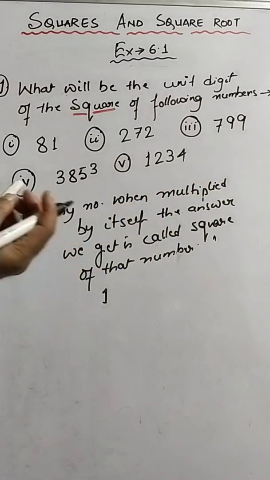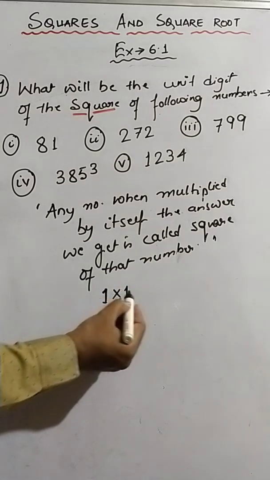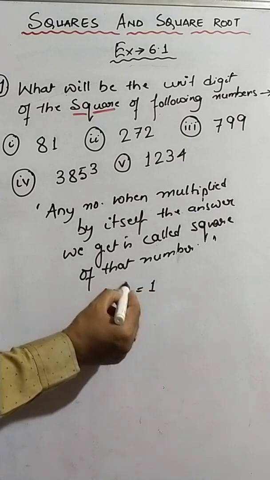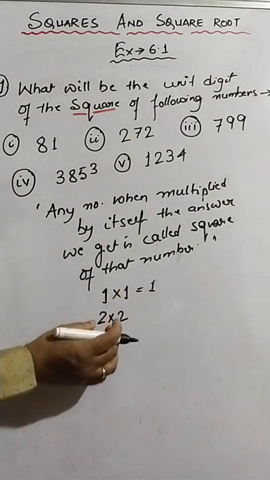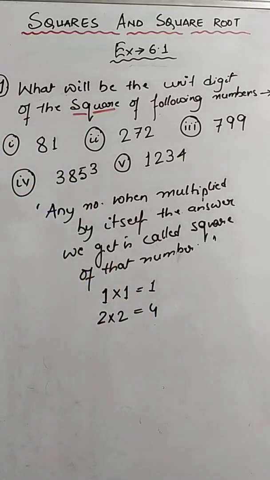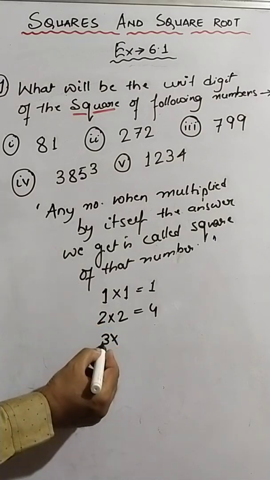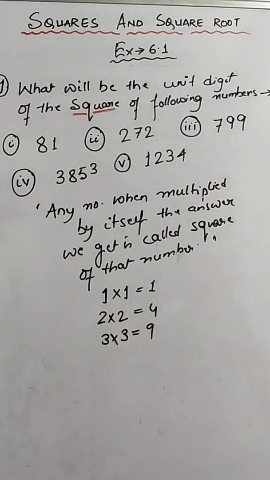So when I have to know the square of 1, I have to multiply 1 with 1, because I am multiplying 1 by itself. What is the answer then? 1. So 1 is the square of 1. Now if I have to know the square of 2, I have to multiply 2 with 2. So 4 is the square of 2. Same way, if I have to know the square of 3, I have to multiply 3 with 3. So the answer would be 9. So 9 is the square of 3.